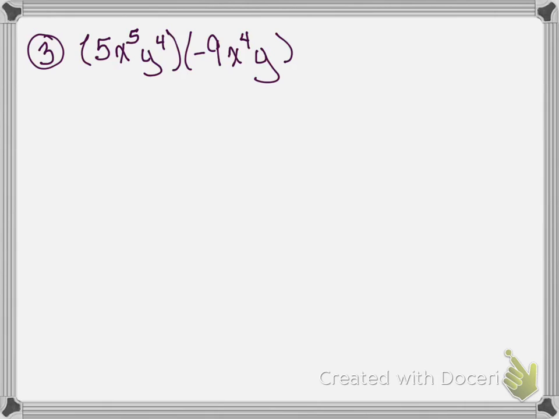So the first thing that I'm going to do is I'm going to do 5 times negative 9. What is 5 times negative 9? Negative 45. Good. Then I have x to the 5th times x to the 4th. And when I am multiplying exponents like that, what do I do with those exponents? Add them. Good.